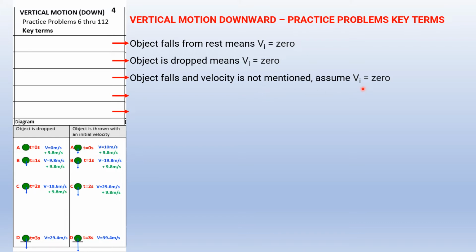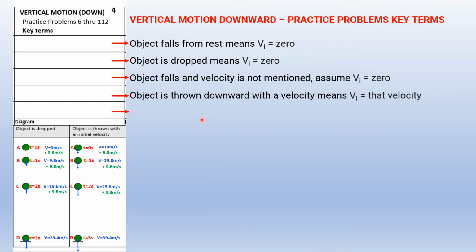Assume its initial velocity is 0. Number 4. Object is thrown downward with a velocity means the initial velocity is that velocity. And the last one, all falling objects accelerate with an acceleration equal to 9.8 meters per second square, regardless of their mass.